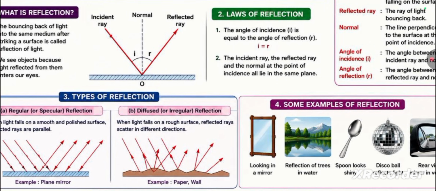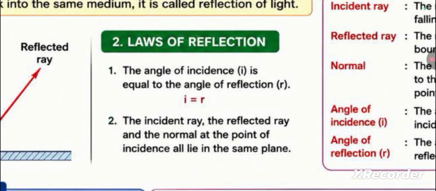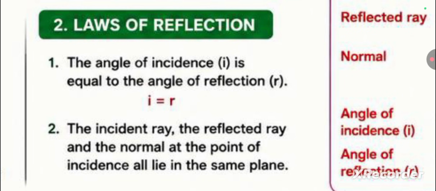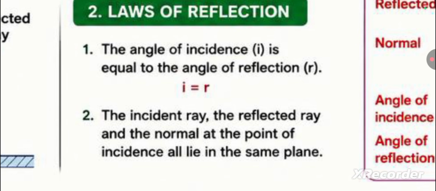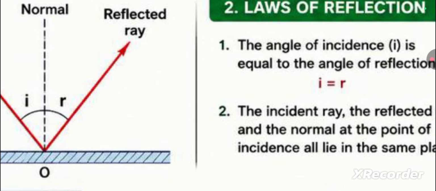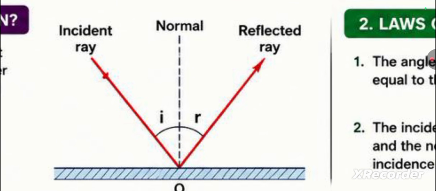Okay. Now we can discuss the laws of reflection. The laws of reflection state that the angle of incidence i is equal to the angle of reflection r. Here we can see this picture. The incident ray touches the plane and is reflected.